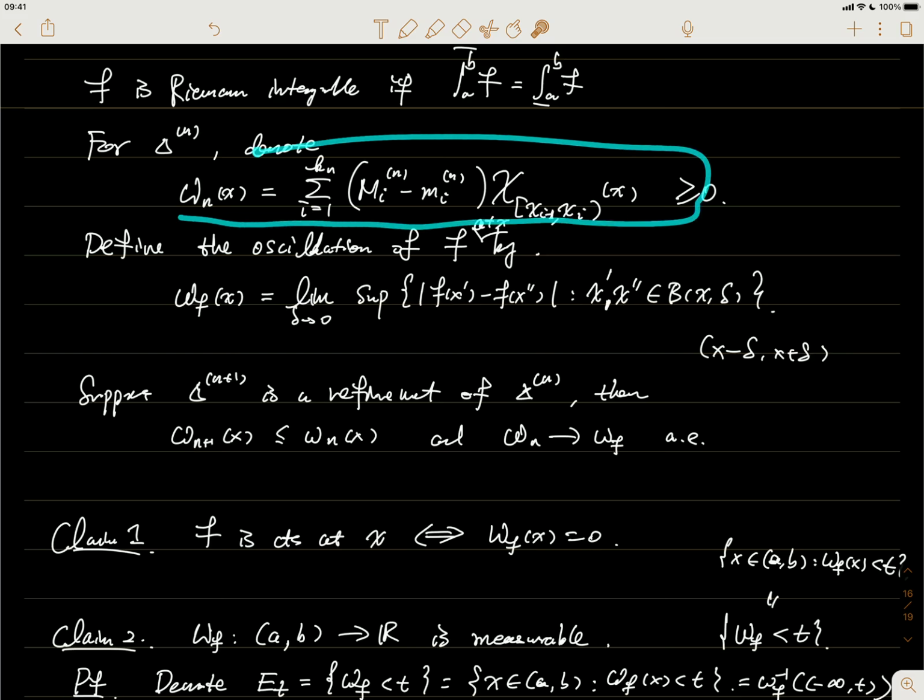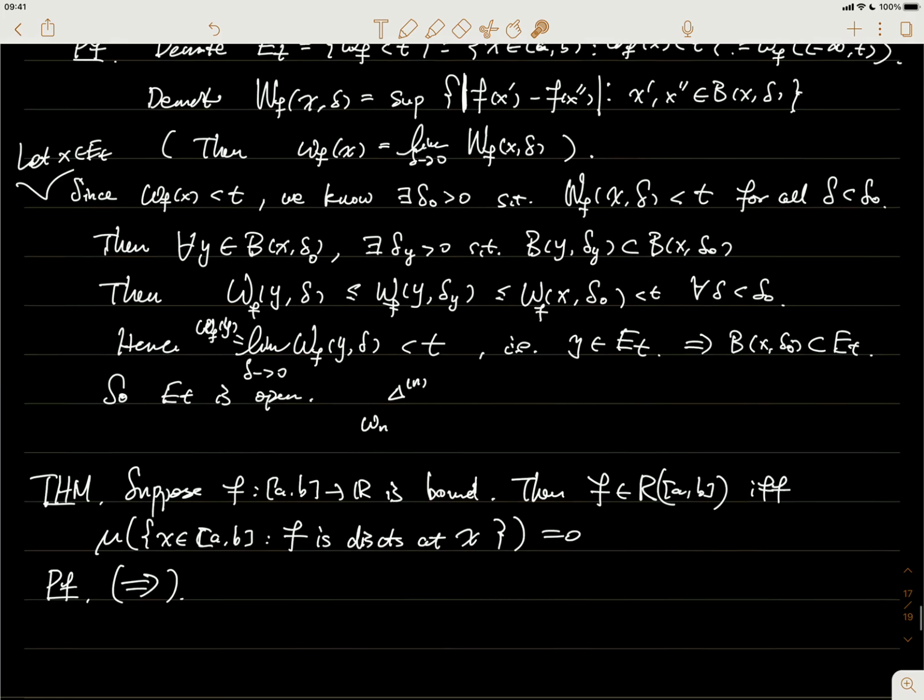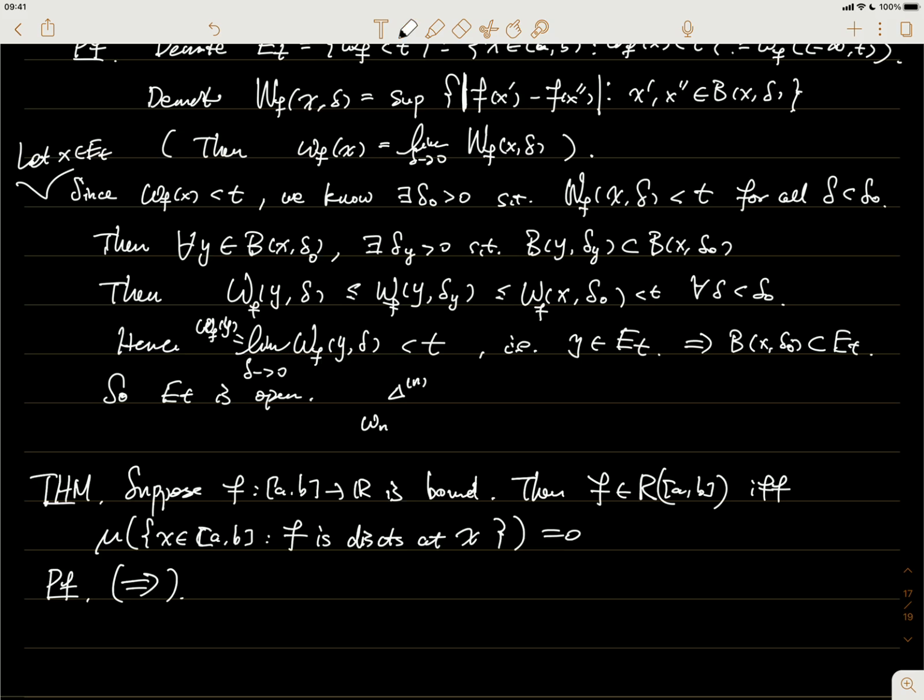And we also showed that this Wn goes to Wf as n goes to infinity, and the size of the partition, delta n, goes to 0, or the largest length is going to 0.